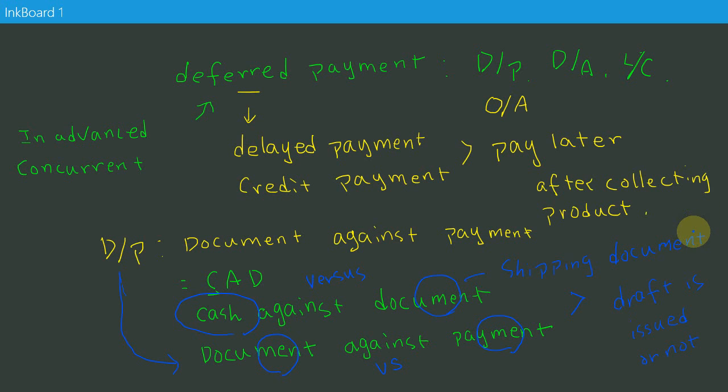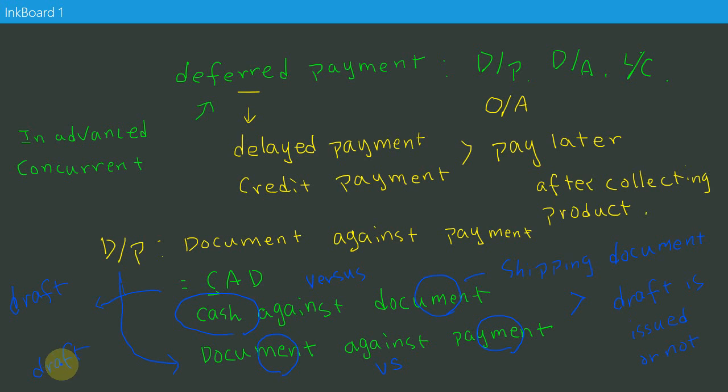In case of CAD, we do not issue a draft. But in DP, we issue a draft.